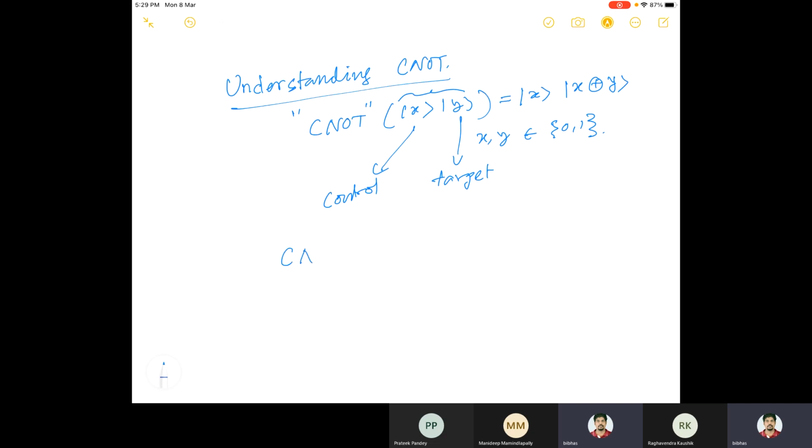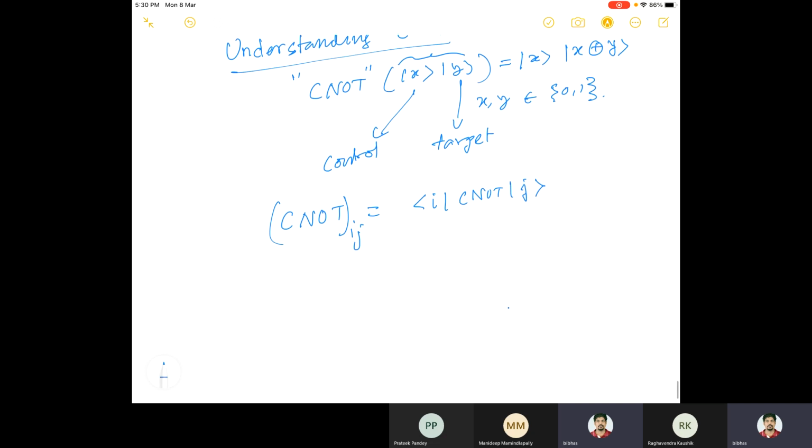So here, if you want to write the CNOT as a matrix, then the ijth entry will be nothing but ⟨i|CNOT|j⟩, which is the ith entry of CNOT applied to j. So you can see that the matrix representation of this is nothing but a permutation matrix, which is 1 0 0 0, 0 1 0 0, 0 0 0 1, 0 0 1 0.